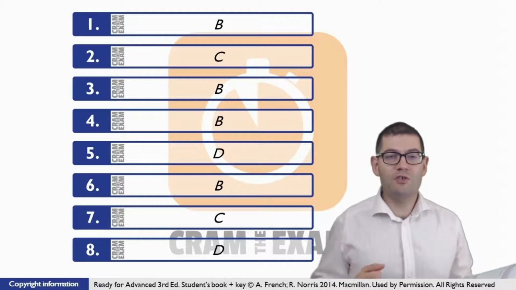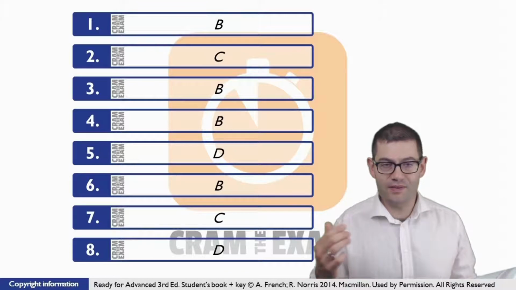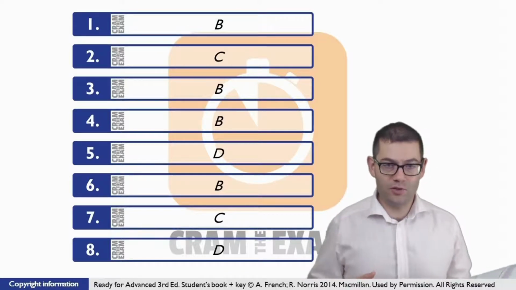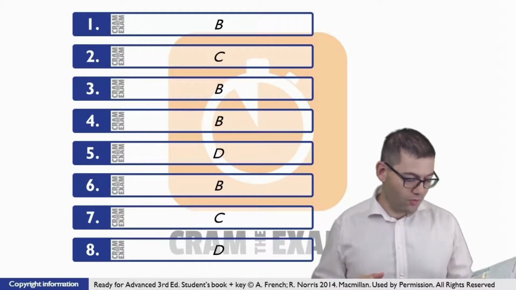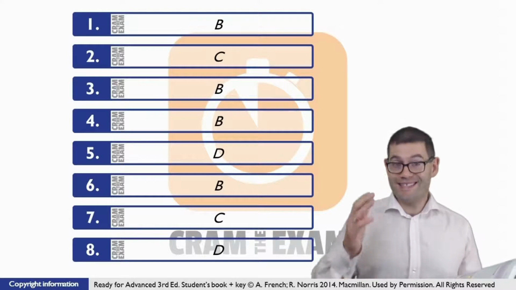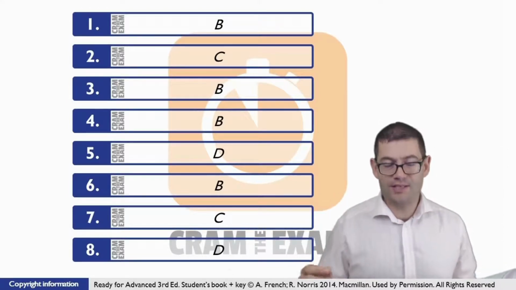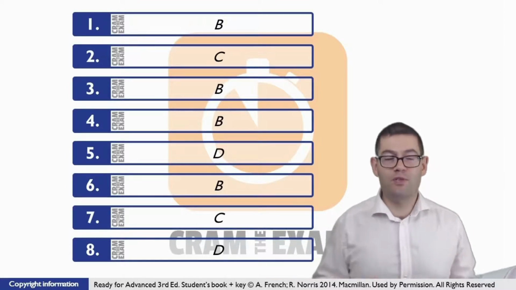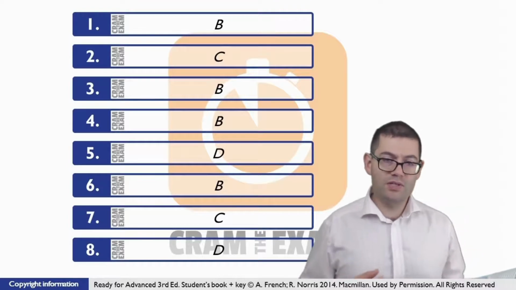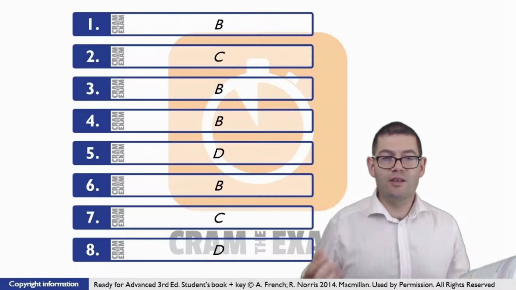For question number 7, 2 things will help you out here. 1, a good knowledge of what collocates with the preposition after the gap, in this case 2, and secondly, a good grasp of context. If we consider 2, we can rule out 2 of the answers straight away, A and D. I can suggest 2, but here, after suggest, I need a different language pattern to the language pattern presented in the text, which means that we're left with 2 options, B or C. Which means that we have to turn to context and what does this text really get at?